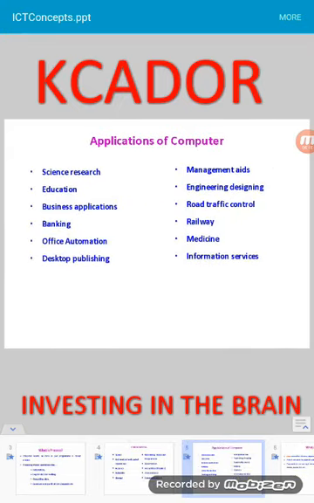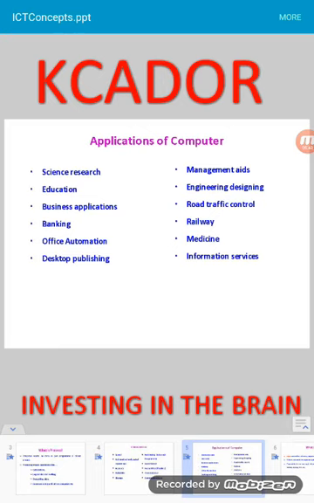Applications of computer. First is that you can use the computer to do research. You can do research in science, education, business communication, banking, office automation, desktop publishing, management aids, engineering, designing, road traffic control, railway, medicine, information services. In all these areas, you can use the computer.